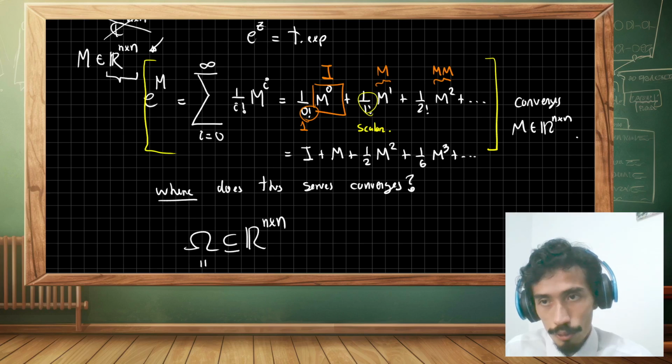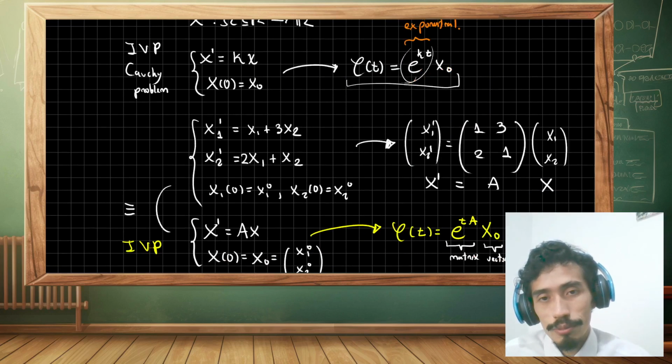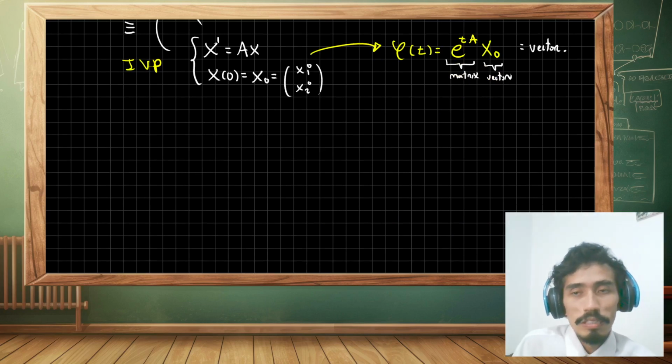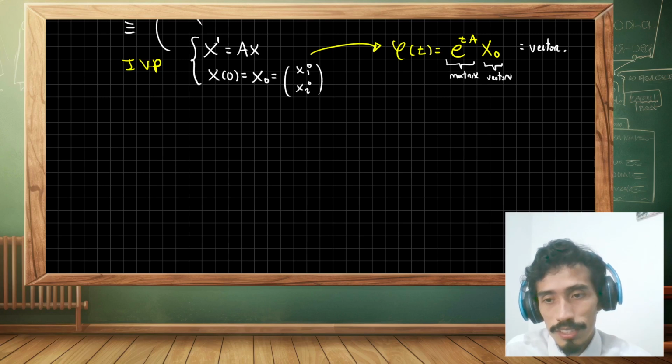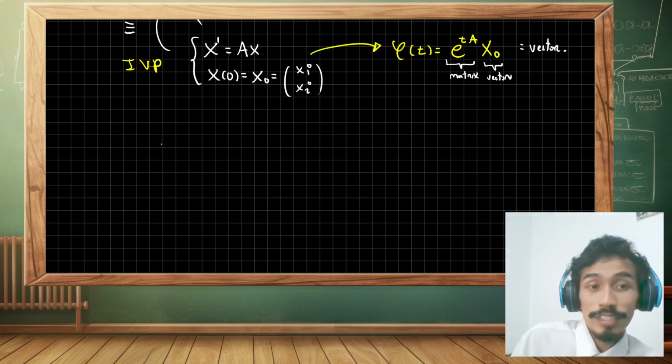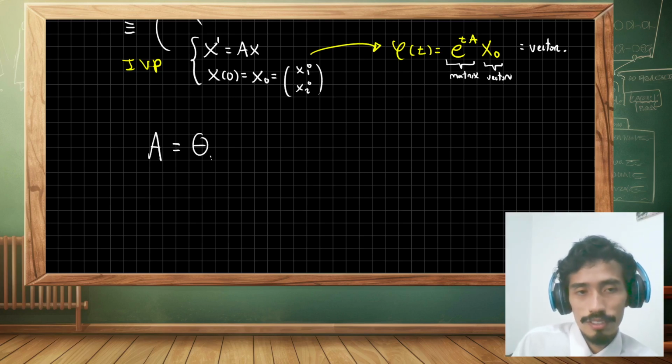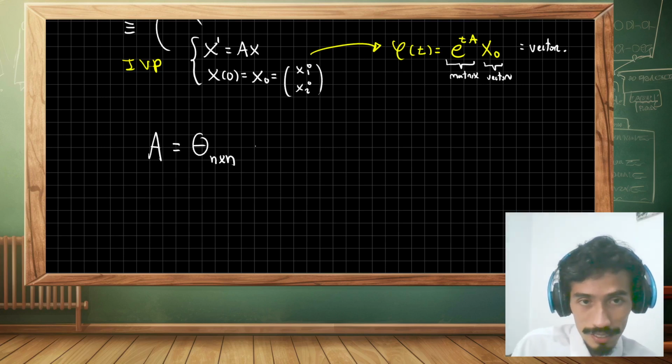Of course, there are matrices for which this series is very easy to calculate, just to see that this is not entirely difficult. For instance, the most obvious one: what if the matrix A is the zero matrix?